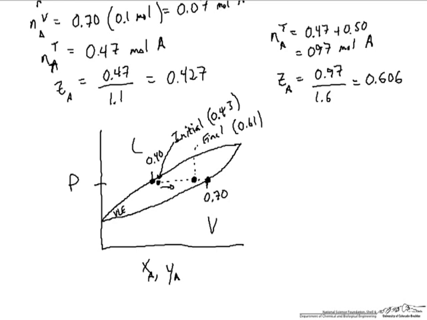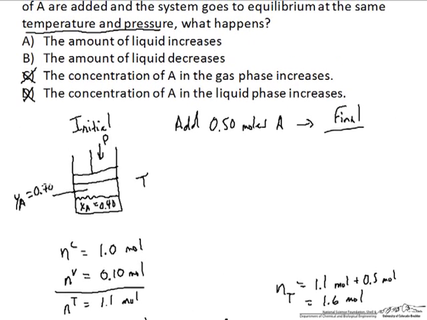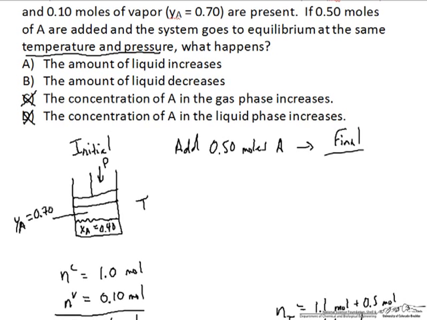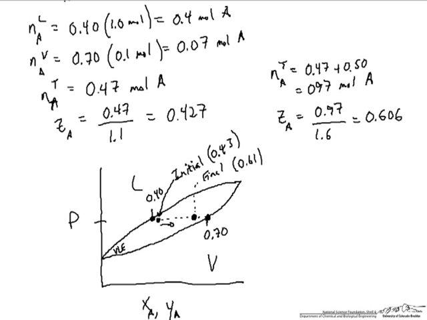All right, and so then we need to see what our other options are, and the other options are that the amount of liquid increases or the amount of liquid decreases. The best way to determine this is to use this value of Z sub A that we just calculated and then use the lever rule.